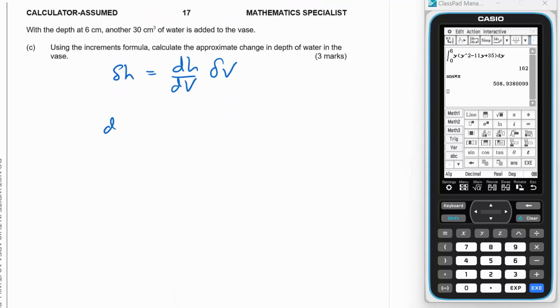So dV/dh is pi times h cubed minus 11h squared plus 35h.